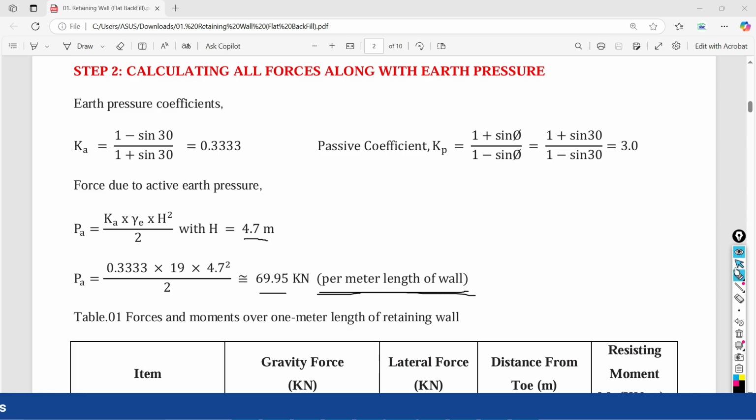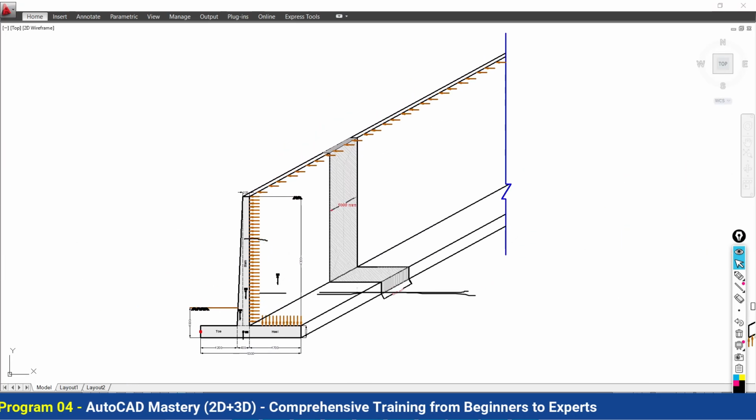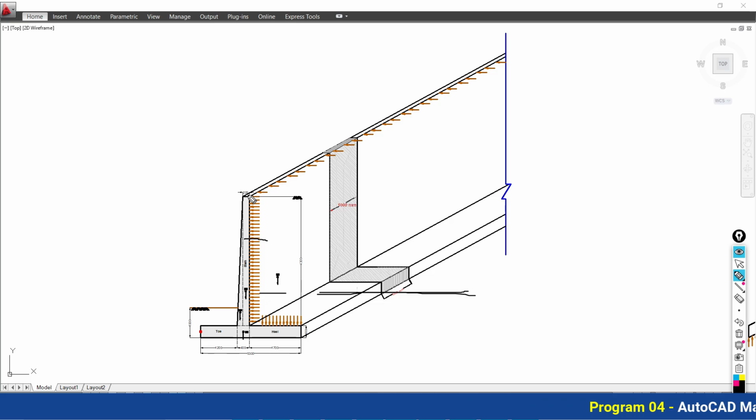Try to understand that all the later calculations we are going to do are for the 1 meter length of the retaining wall. The length of the retaining wall may be very long, maybe 100 meter, 200 meter, 500 meter, 1 kilometer, which we do not know.